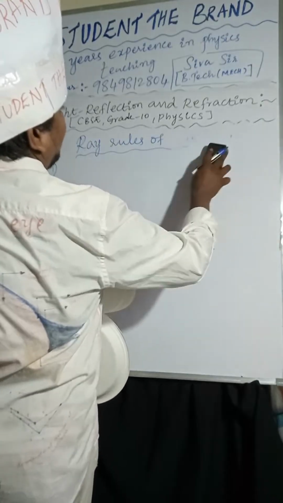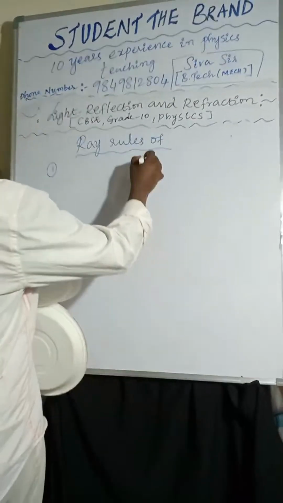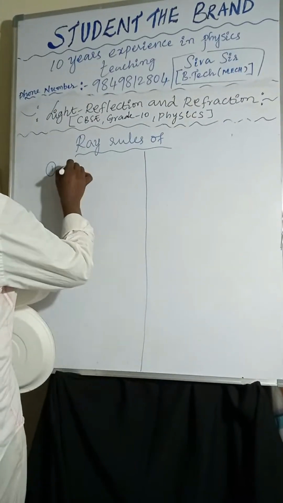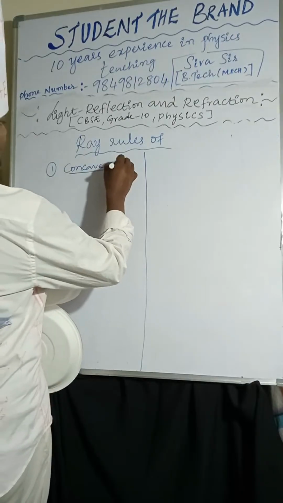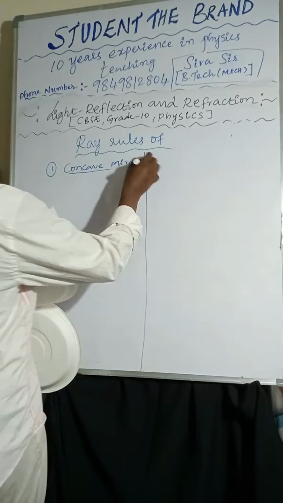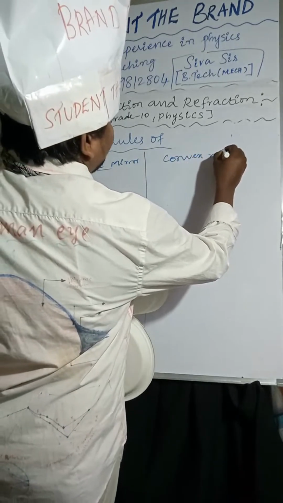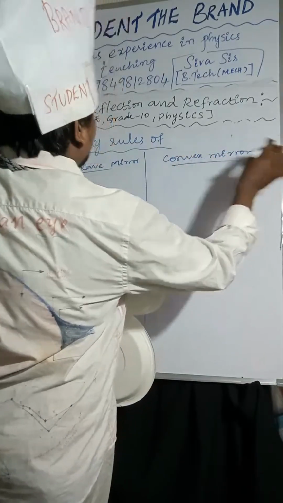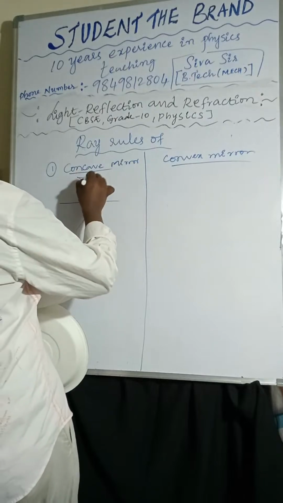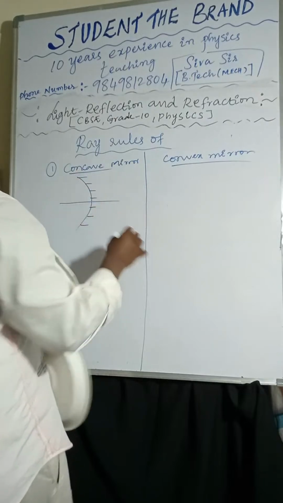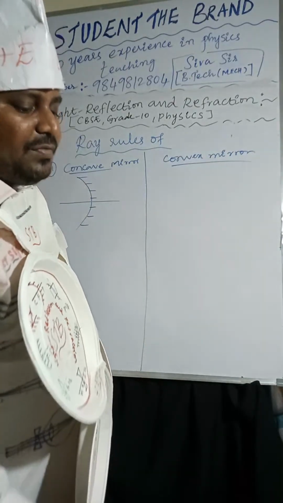On one side I will draw the concave mirror, and on the other side the convex mirror. First, I am taking the concave mirror like this.